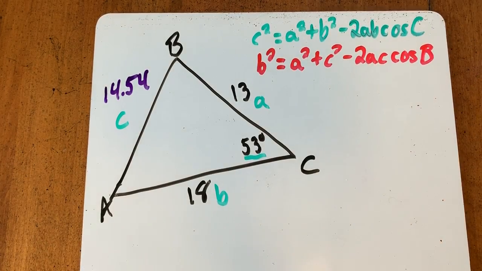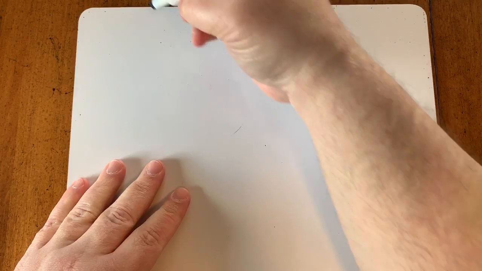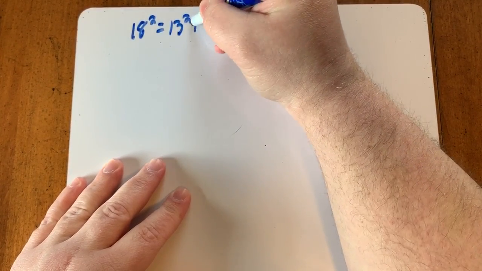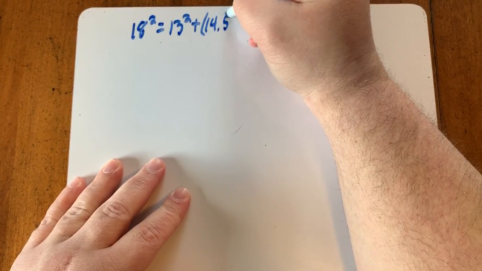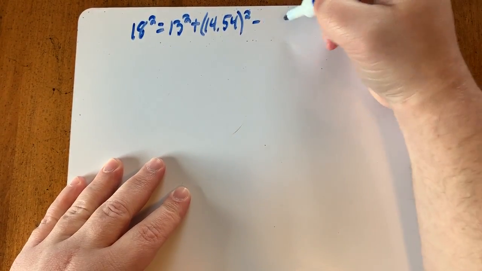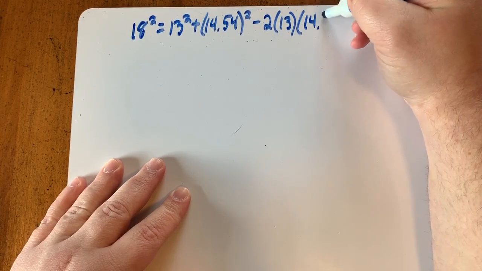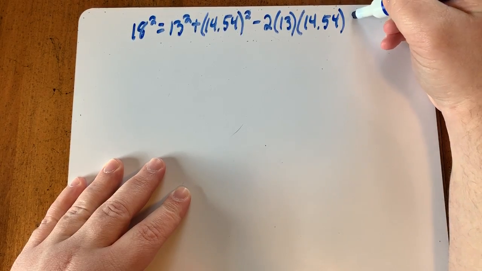So we'll solve for b. So this time, fill everything in. 18 squared equals 13 squared plus 14.54 squared minus 2 times 13 times 14.54 cosine of B.